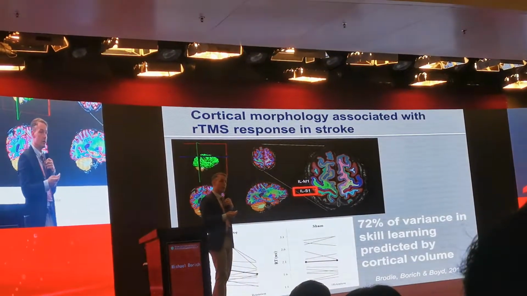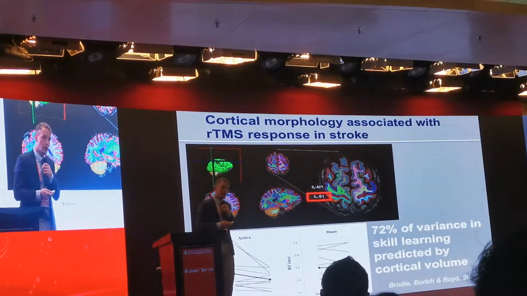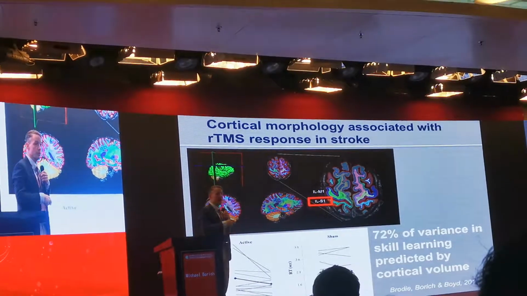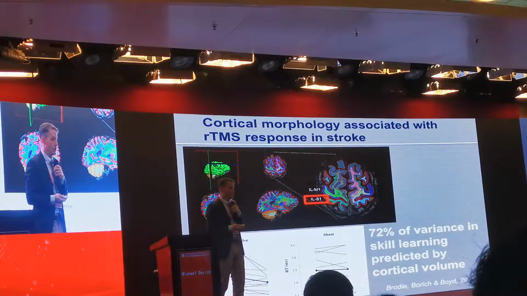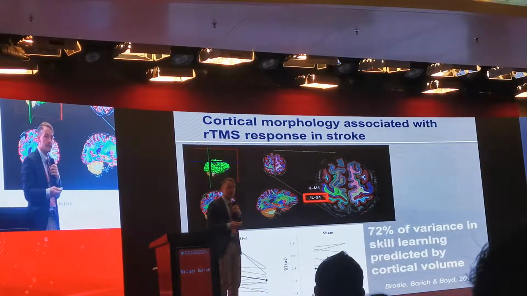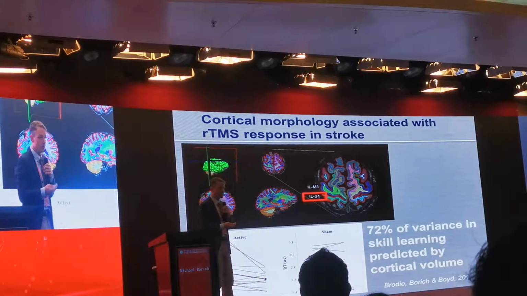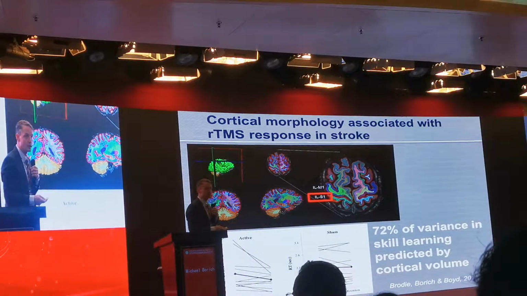What we take this to mean is that if individuals don't have enough residual neural substrate to activate, they're not able to benefit from the effects of the stimulation. And this was only shown in the group where we paired active stimulation with the training, not for sham stimulation. So it really seems to be related to the response to the intervention.